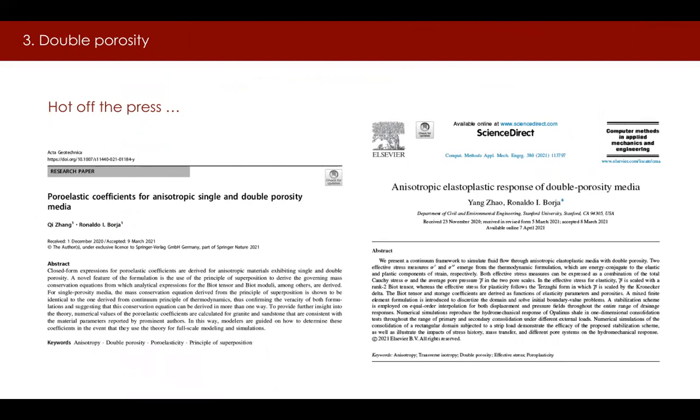The first paper in Acta Geotechnica focuses on poroelasticity in isotropic single and double porosity media. The second paper in Computer Methods in Applied Mechanics and Engineering goes into the subject of elastoplasticity, also in the context of double porosity.